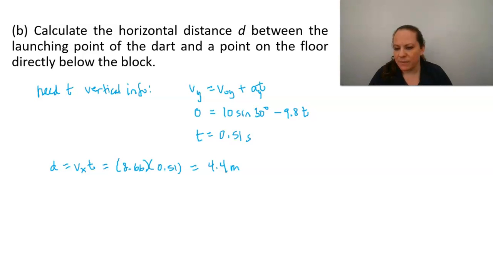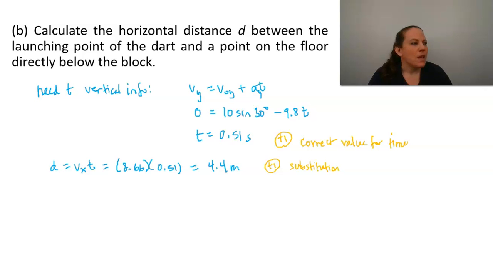And for scoring, we have +1 for a correct value for time. And then we have another point for substitution into an equation for horizontal motion.